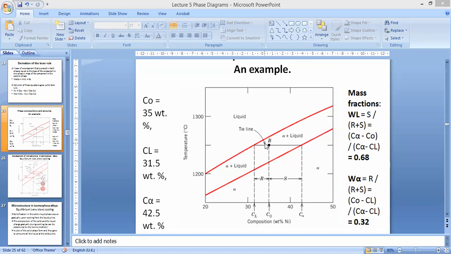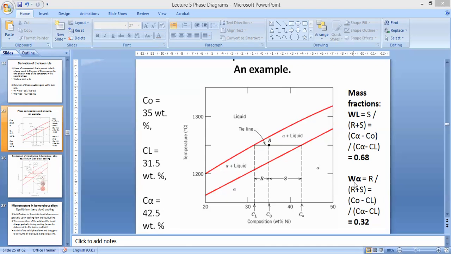So to find the solids, you get R divided by the overall distance, which is R plus S. For the first one, where you're finding liquids, it's simply this distance S, which is C alpha minus C0, that would be your numerator, divided by the overall, which is C alpha minus CL, which will give you 0.68.